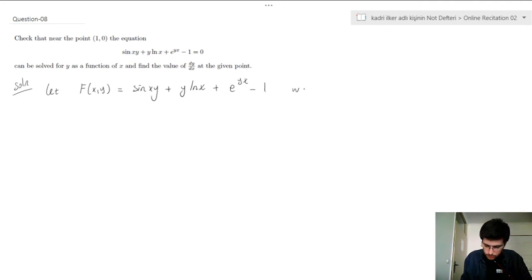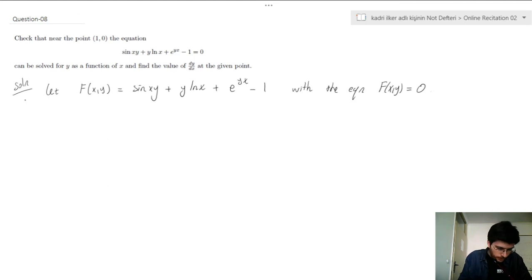Okay, and of course we have the equation f(x,y) is 0. So we have this function and we have an equation. So the question is, first you should check whether the variable y can be expressed in terms of x or not. For the exact theory, you should go and check the lecture notes.